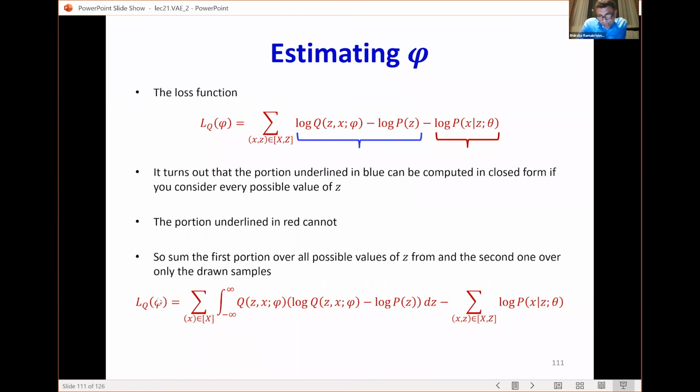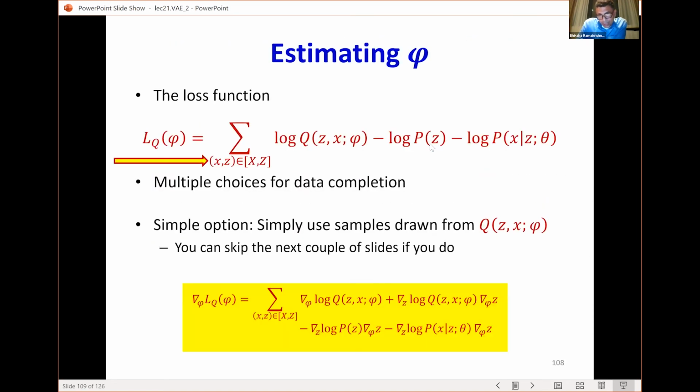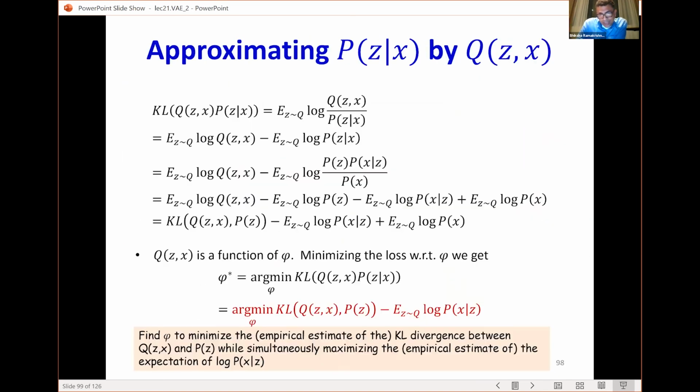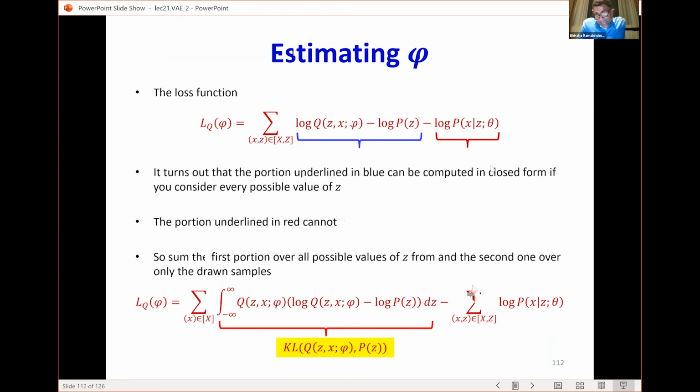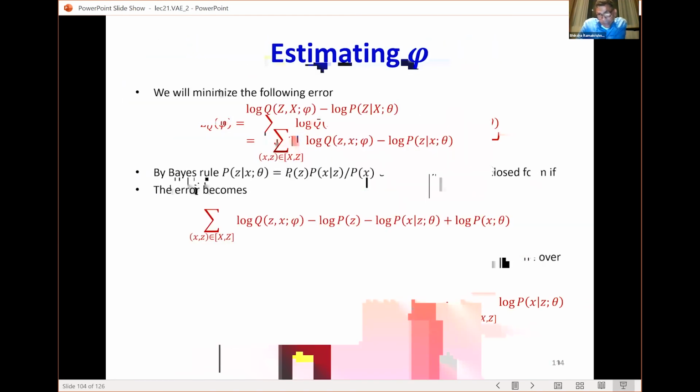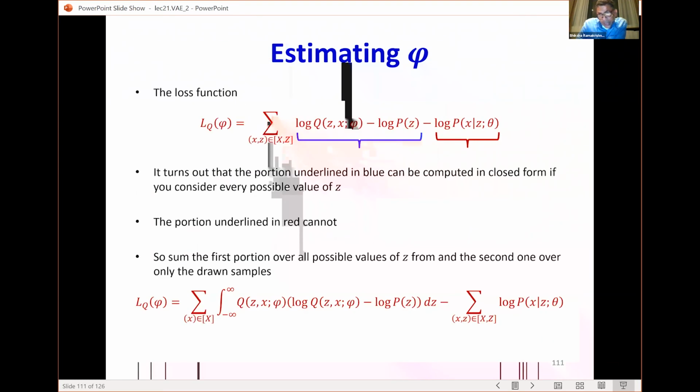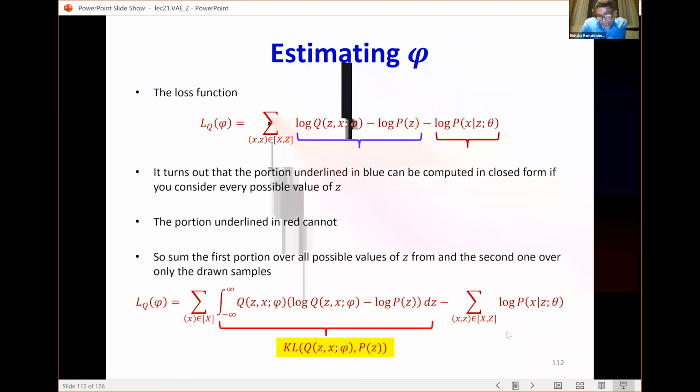That ends up being the KL divergence between Q and the prior P. The second term, the expectation that we saw over here, is not tractable. This expectation is not tractable because P of X given Z has a Z component in it, right?